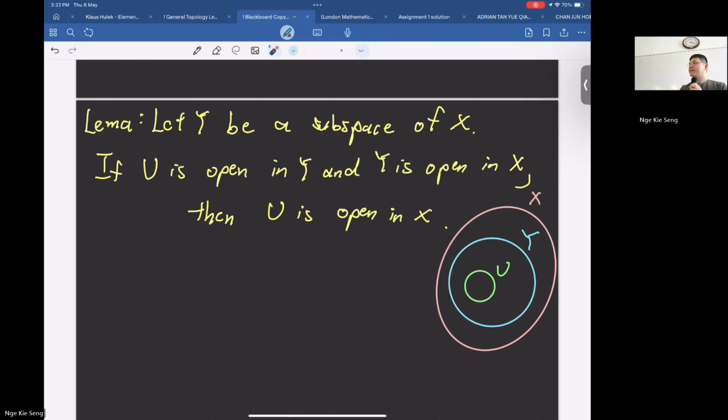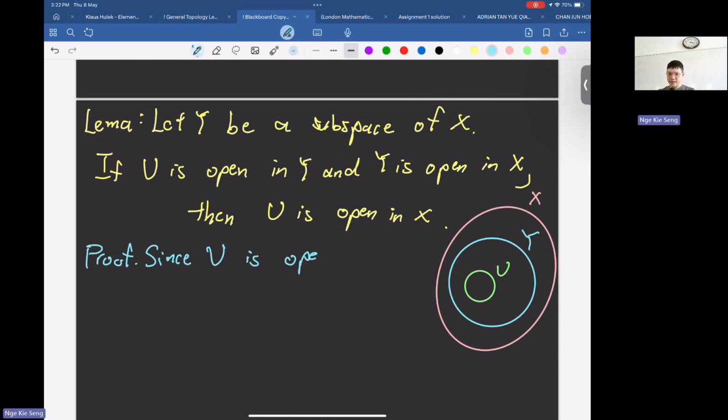Okay, let's see how we prove this. Pretty straightforward here. Like what I told you, we are not really constructive in our topological proof. You just use the definition. Since U is open in Y, what does it mean?